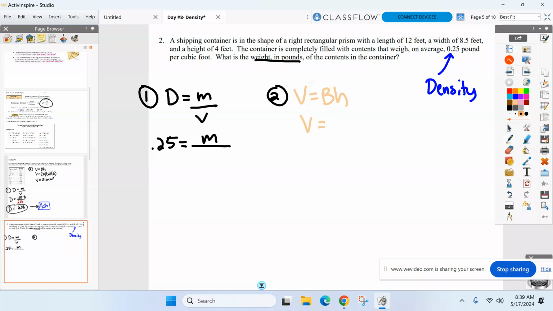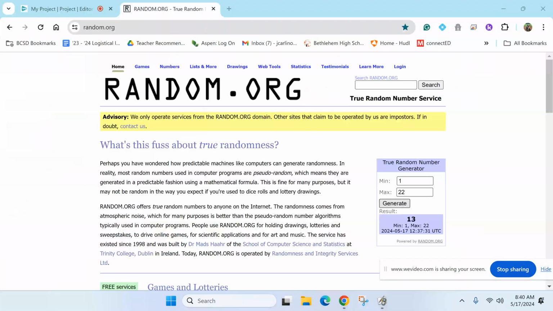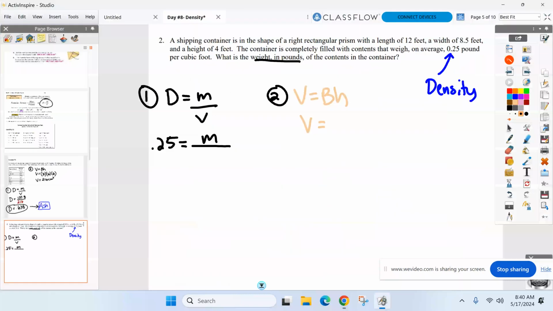And let me turn this over to you guys again. How do you find the volume of this rectangular shipping container? What are we multiplying together here? Vinny, what are you multiplying together? 12, 8.5, and 4 to find the volume. Let me know the volume when you get it.